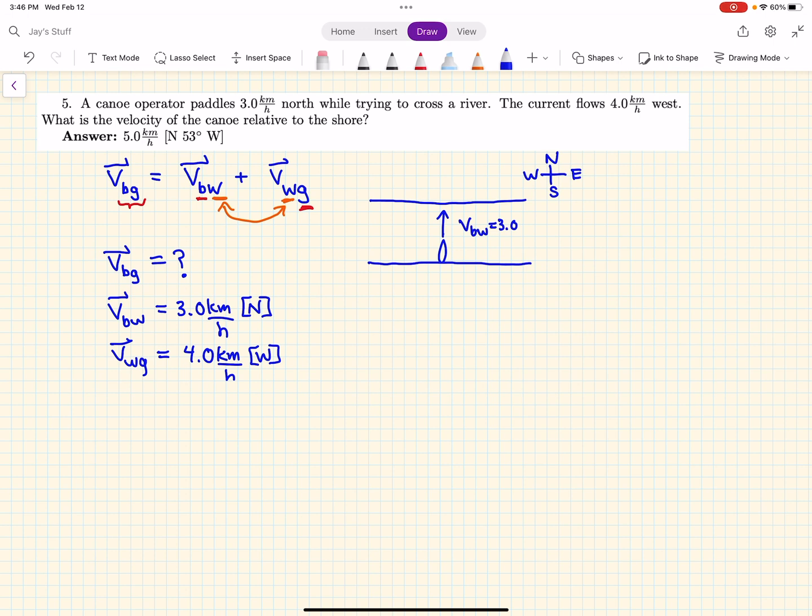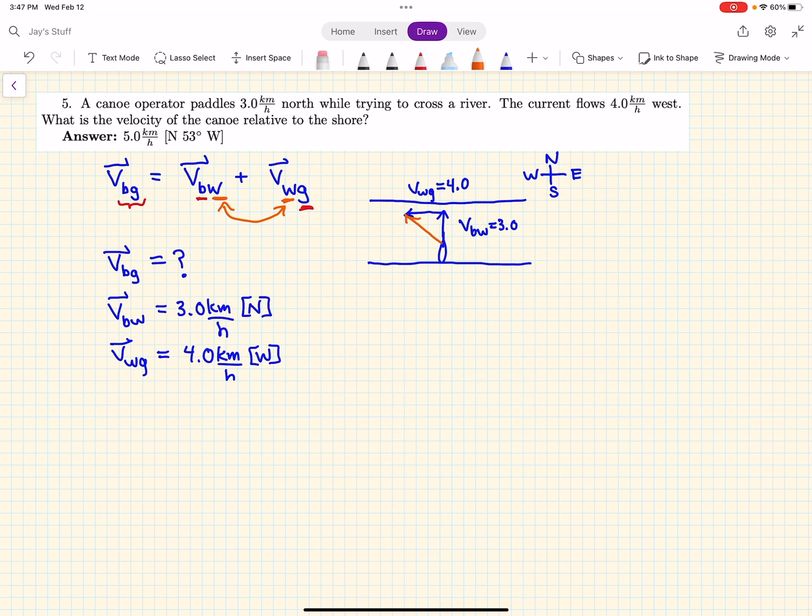Then the current is pushing this way, water to ground. And the combined effect of those two things is that your boat is going to travel along a path something like this. So you're trying, in your mind, you're just pointing and looking straight across and paddling, and you're moving forward, but also the current is pushing you to the left.